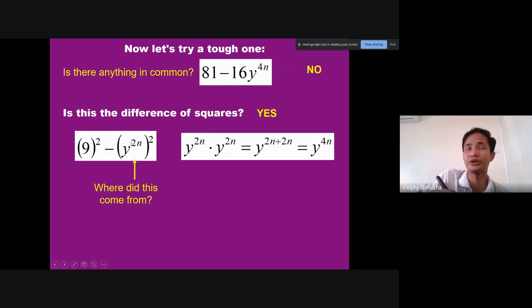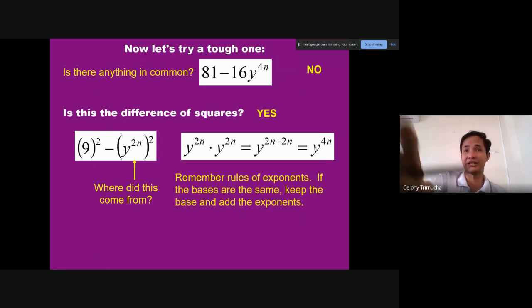So y raised to 2n times y raised to 2n. So i-add na lang tayo ng exponent. That's why we have y raised to 4n. So where did this come from? So halin diri sa original naton nga equation, based on the concept of the rules of exponent.